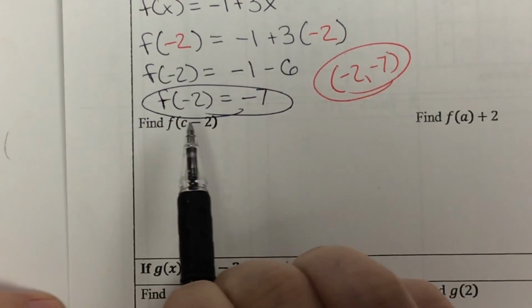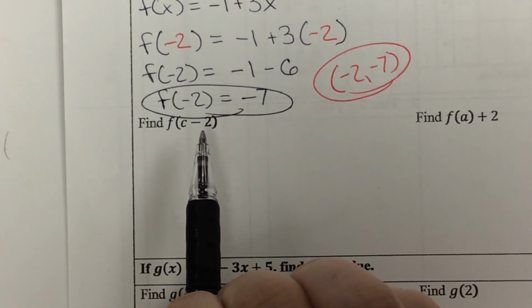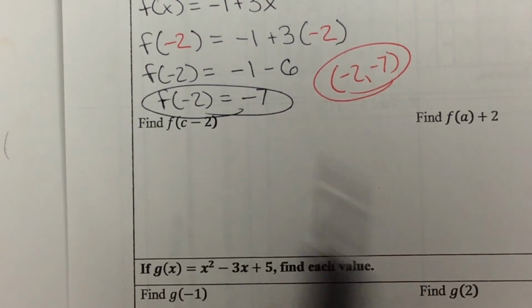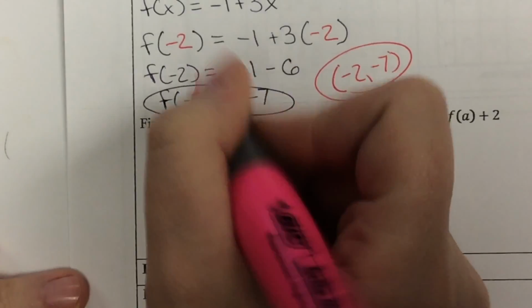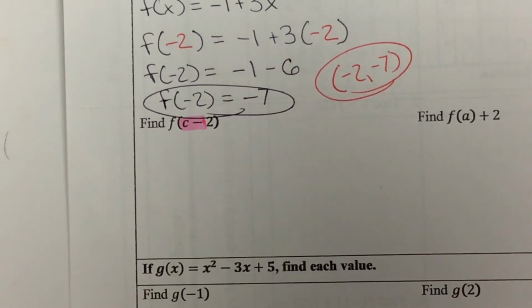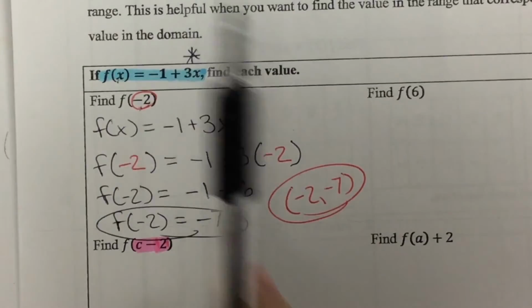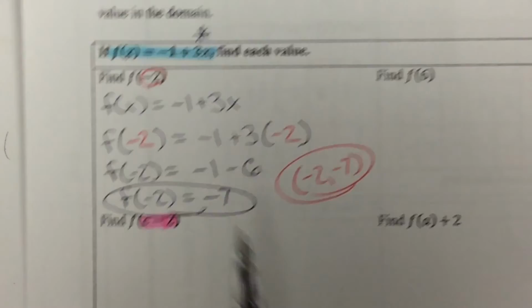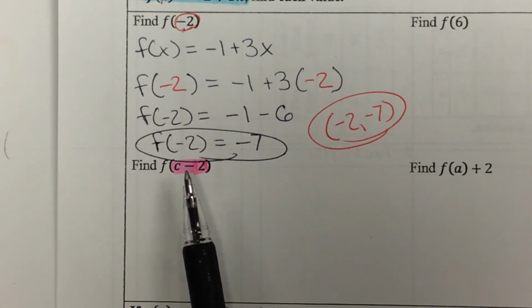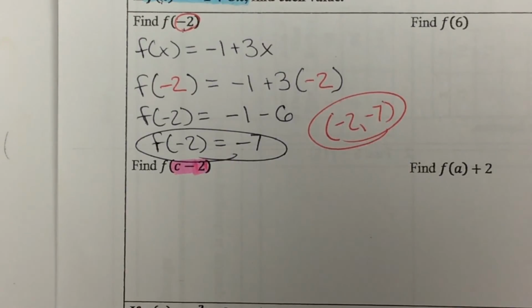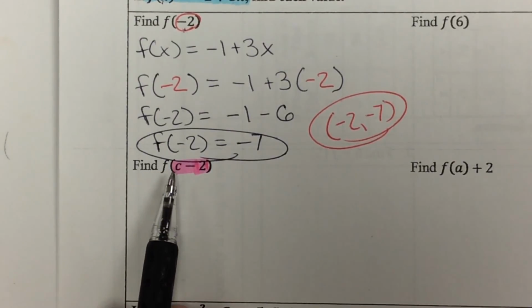So now these can get a little bit tricky. Sometimes you're going to be substituting in a variable as well as a number, such as this one. Before we were substituting in only -2, and now this time we're going to substitute in c minus 2. So I hope you realize that your answer is going to have a variable in it, and that's okay.